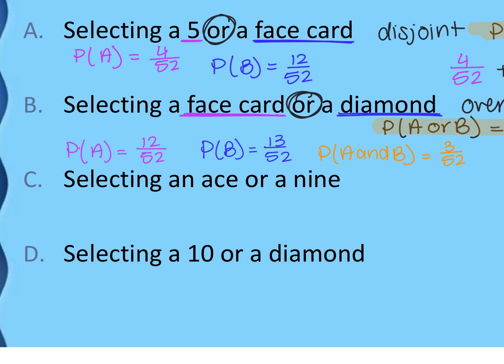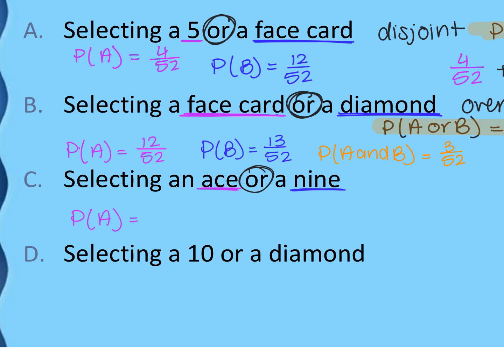Looking at my next question, it says selecting an ace or a 9. So my two events is an ace, keyword it says or, and then the second event is a 9. So finding our probabilities for event A, how many aces do I have in my deck of cards?